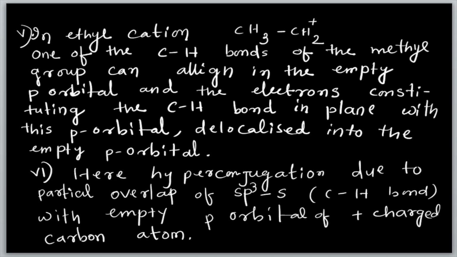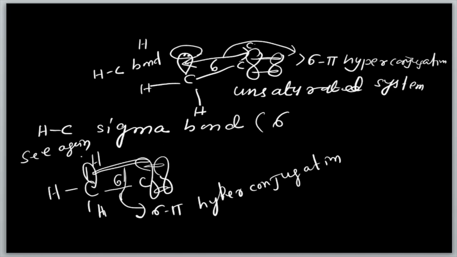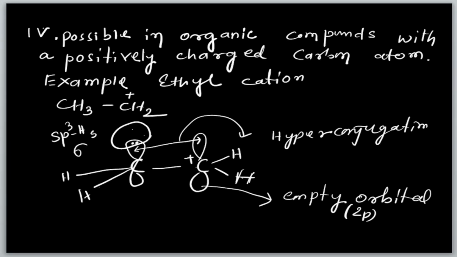Then in the ethyl cation, what happened? Very important. What is the ethyl cation? I told you, if a CH2 group is attached to a positive charge, then it is called an ethyl cation.